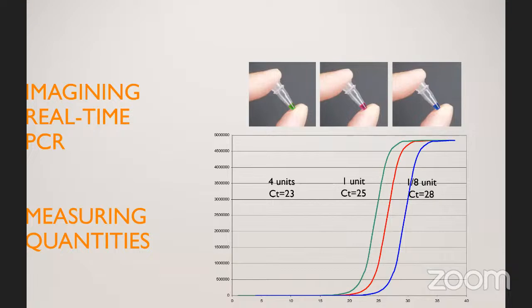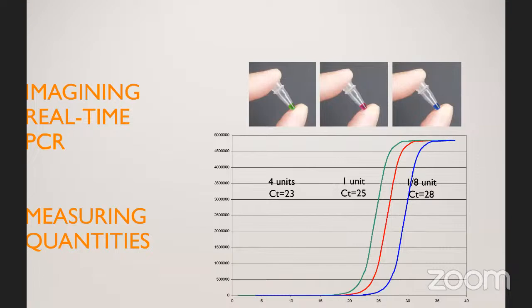So when you do a real-time PCR of this particular sample with these units, this is what you are going to see. You can see the green, red, and then the blue clearly separated.